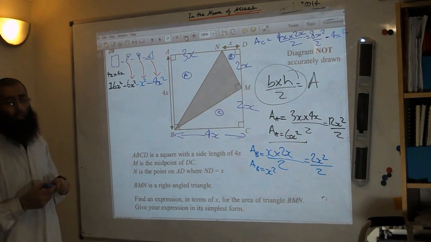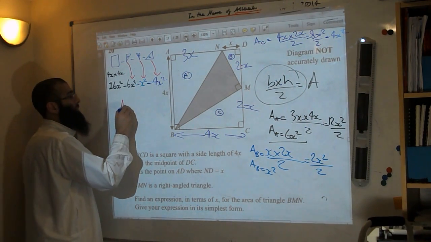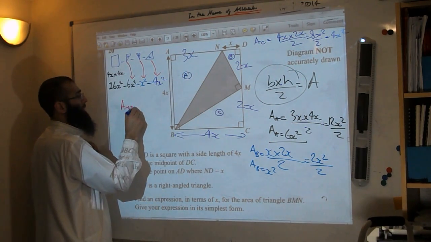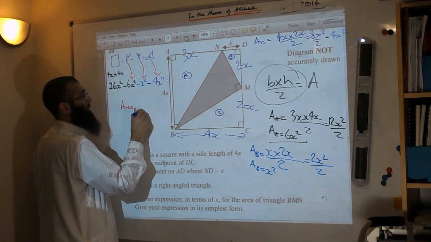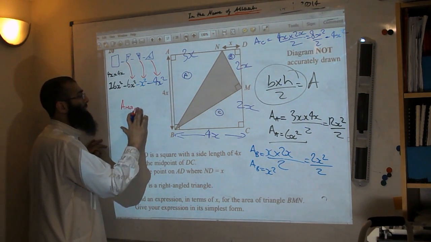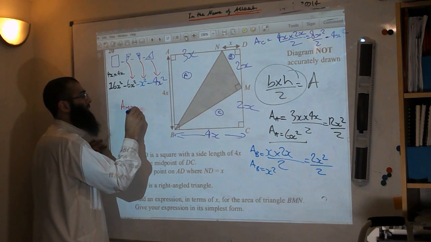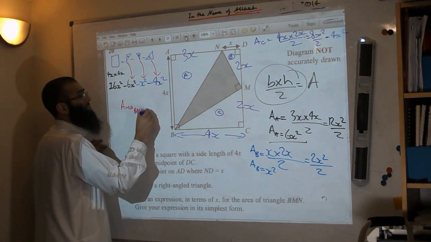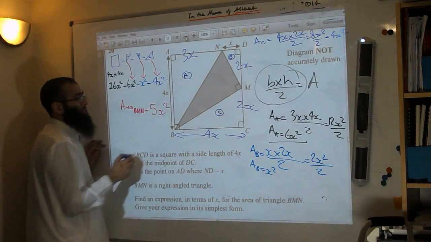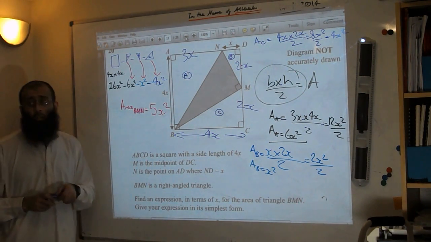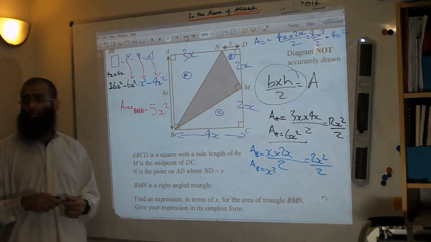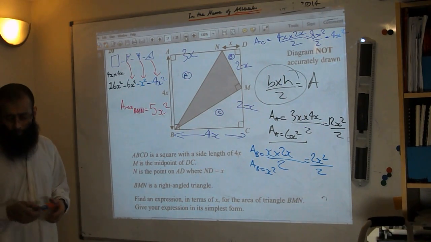Take away 4x squared will give us... So the area of BMN, and they've actually written it as BMN, so let's just use the way that they've written it, is equal to 5x squared. Folks, there's another way of doing it as well, but that involves square roots and stuff. I'm trying to show you the easier way.